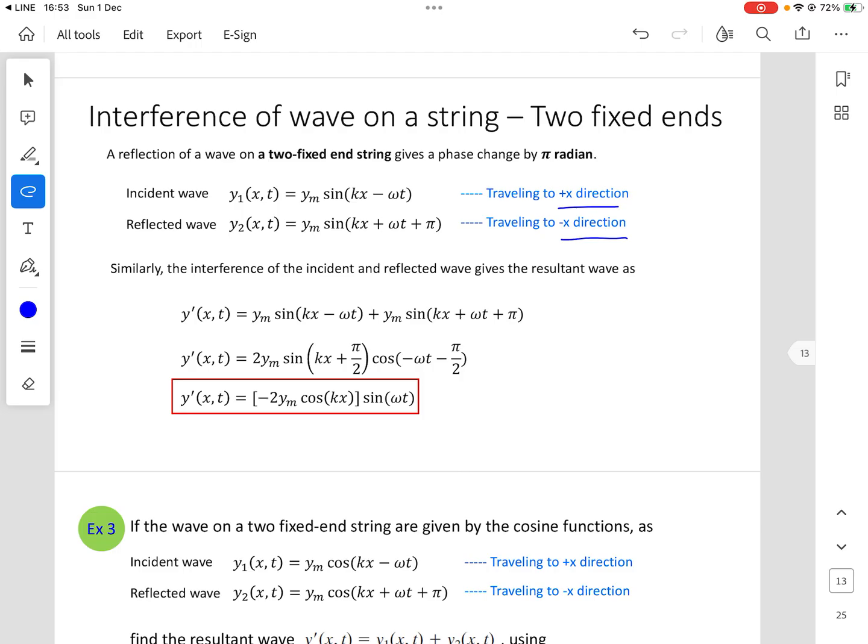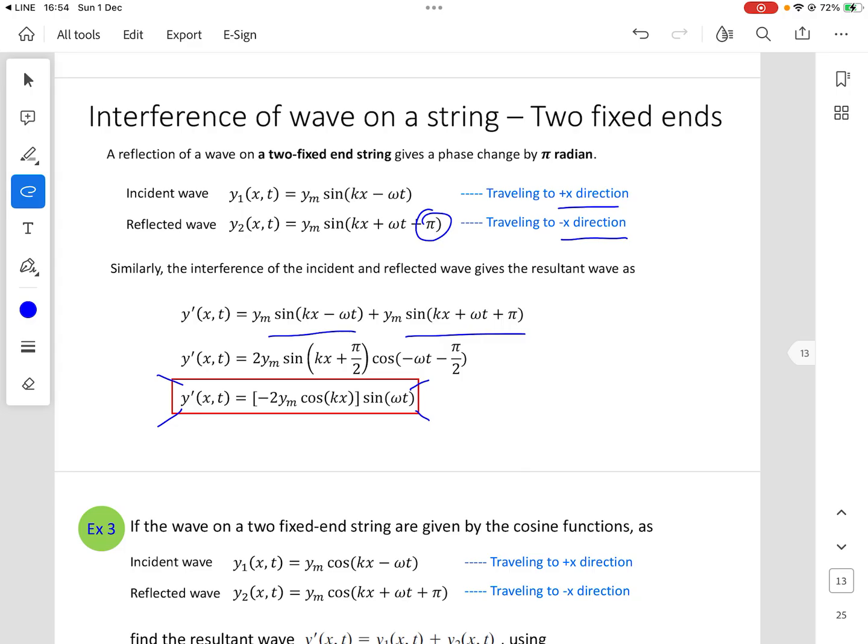The difference between the fixed end and loose end is that the reflected wave has its phase flipped by pi radians, and that is the only difference. In the same way, you use a mathematical formula to combine the two sine functions, and you get this function in the end.